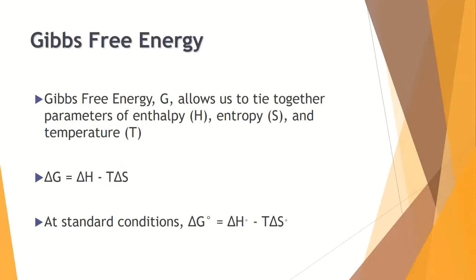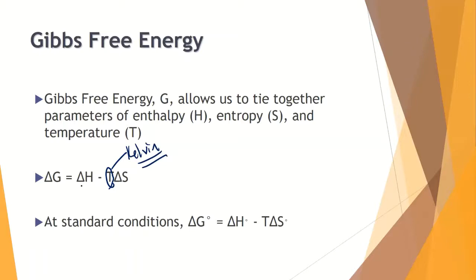It puts them all together. And the relationship is this: the change in free energy is equal to the change in enthalpy minus the temperature times the change in entropy. Now, keep in mind, this is an energy calculation. We need that temperature to be in Kelvin.